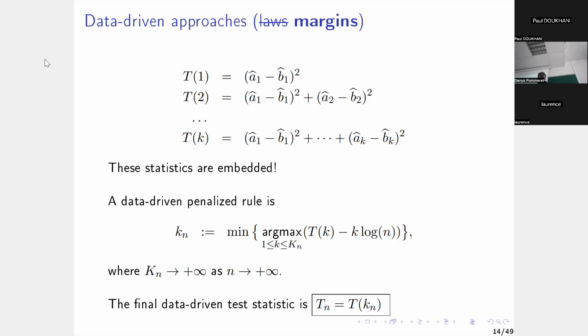It means that when we detect a strong difference, maybe this second one, this statistic will be chosen. But this difference must be greater than the logarithm of the number of observations. Why?